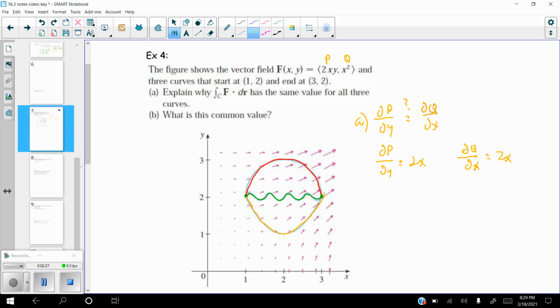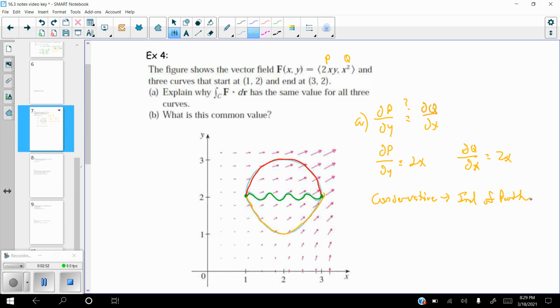So since dP/dy equals dQ/dx, this is conservative, which implies independent of path. So that's why the line integral will not make any difference which one of those three curves we follow.